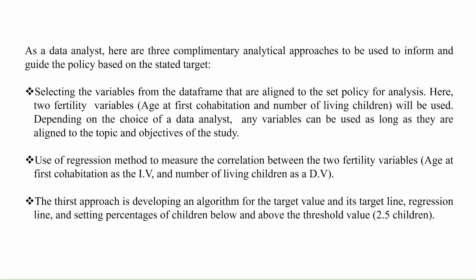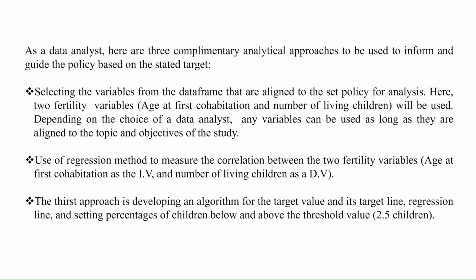These are age at first cohabitation and the number of living children. Age at first cohabitation is the age at which a woman starts living together with a partner as a long-time relationship. Depending on the choice of a data analyst, any variables can be used as long as they are aligned to the topic and objectives of the study.